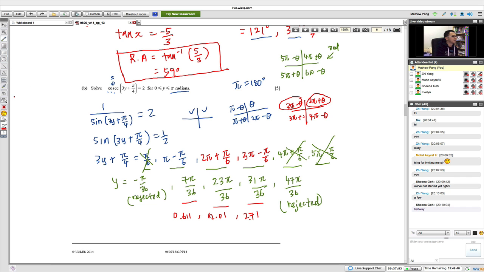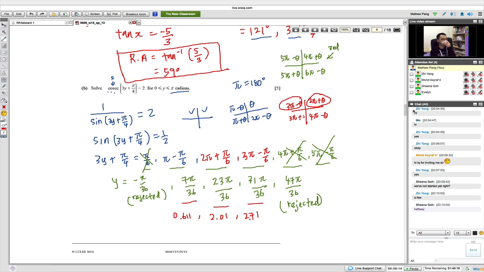So if you want to write your answer in decimal, it's okay also. Basically this one rotates 2 rounds only. It doesn't rotate until 3 rounds. So far so good for this 5 mark question.